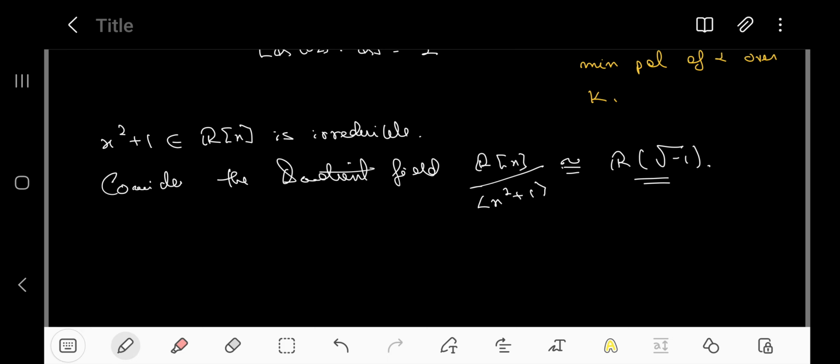See, a few things are already clear. First of all, in this field, x squared plus 1 has a root. The only polynomials which do not have a root in R are those whose roots are such that their squares are negative, right?